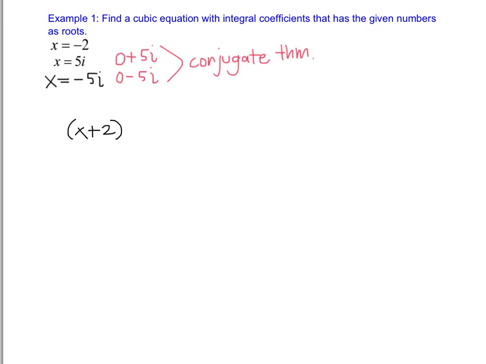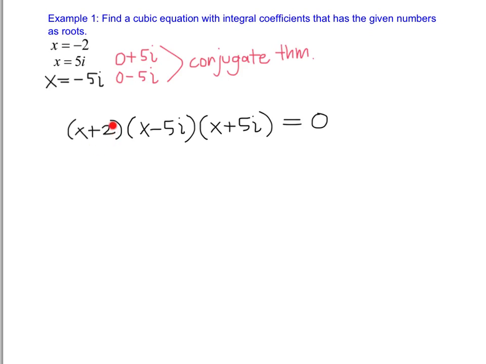Then I want to do the same thing with my other two roots. If 5i is a root, positive 5i, then x minus 5i is a factor. And if negative 5i is a root, then x plus 5i is a factor.